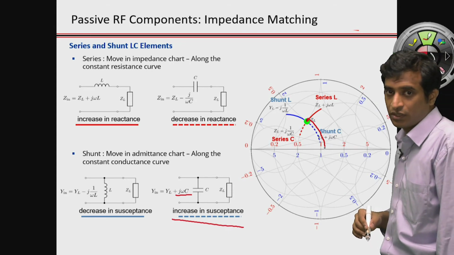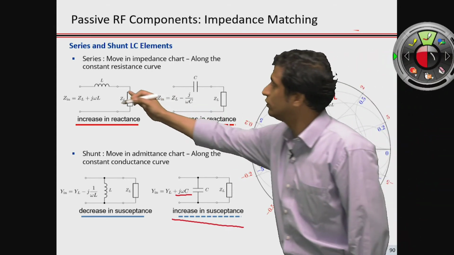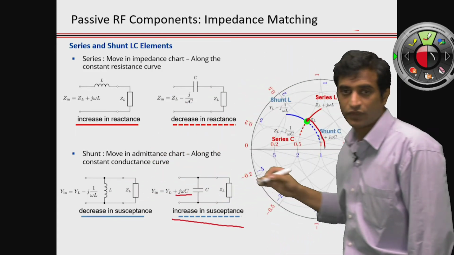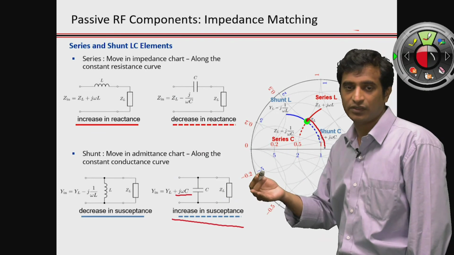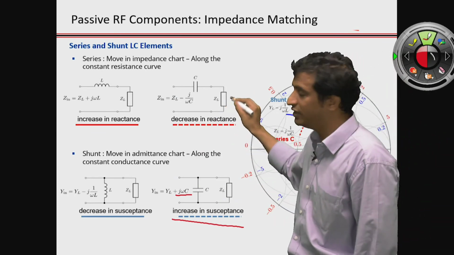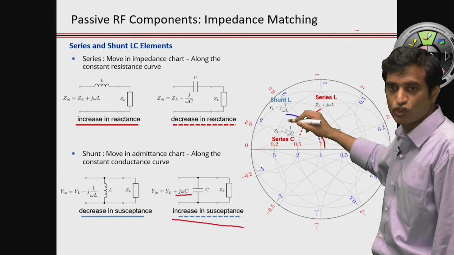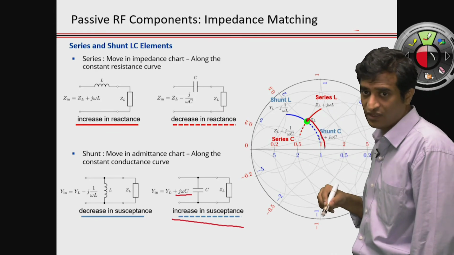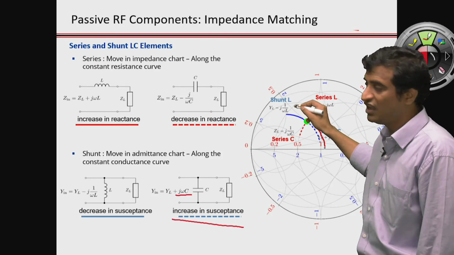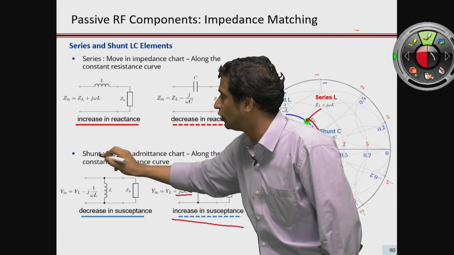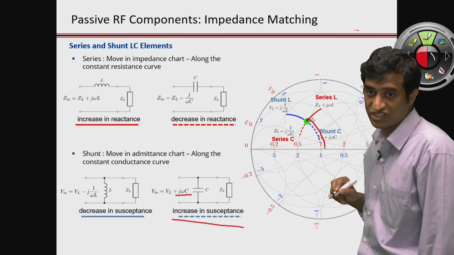So in essence, when you're having four different possible configurations of connecting either an inductor or a capacitor to a particular load impedance, the movement in the Smith chart is going to be in four different ways. When you have a series connection, we look into the impedance chart, and when we have a parallel or a shunt connection, we look into the admittance chart.